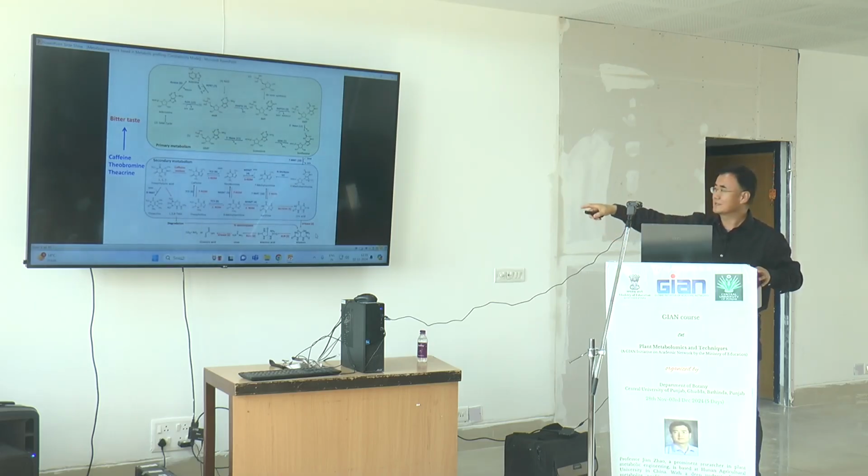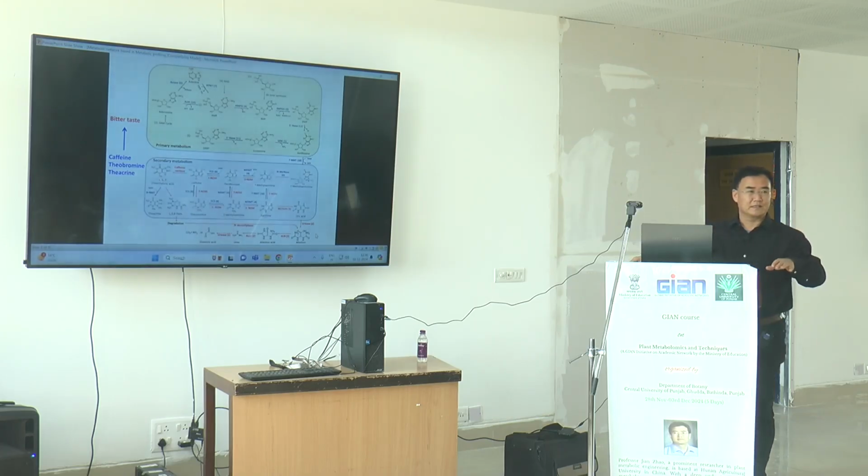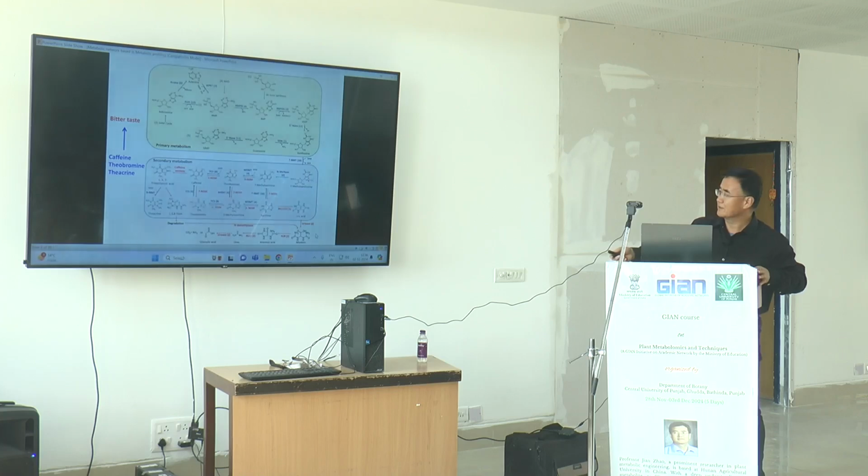So this starts step-by-step methylation and gives caffeine. Those steps are common in different caffeine-producing plants, even though they evolved independently. This is called convergent evolution, eventually generated from these different precursors.